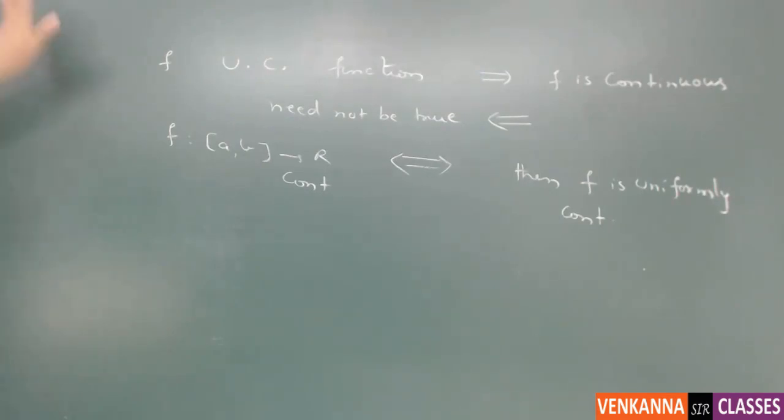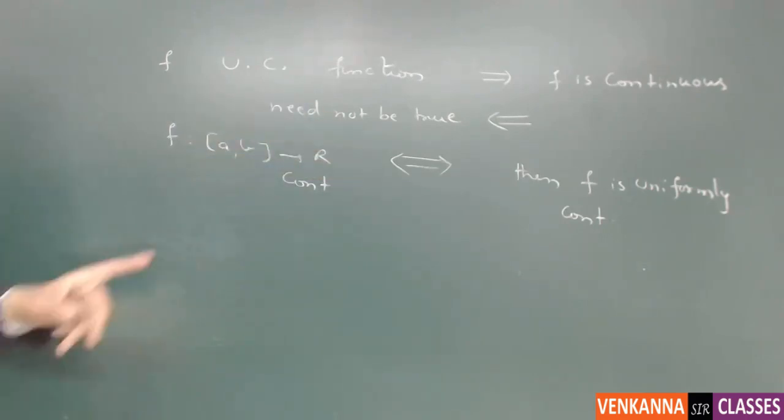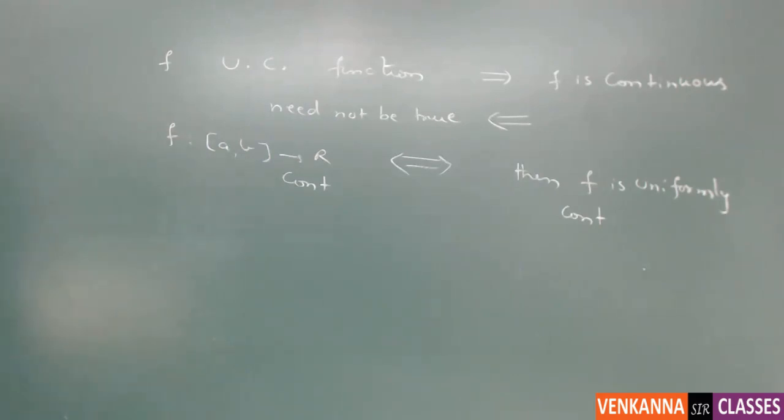Then every continuous function on a closed interval becomes uniformly continuous. There is a result. So based on this result, whenever a closed interval is given to you, if you have proved that the function is continuous on this interval, immediately you can say that it is uniformly continuous on that interval. There is no need to prove separately with delta and epsilon values. Now I am going to the proof of the theorem. In this, our main idea is to build a connection between epsilon and delta.